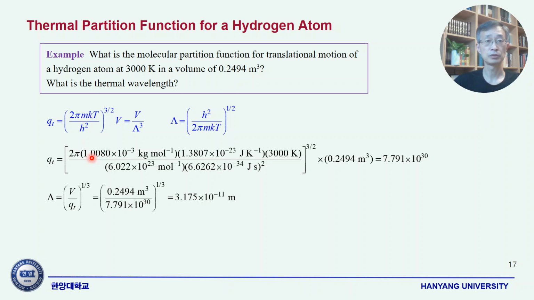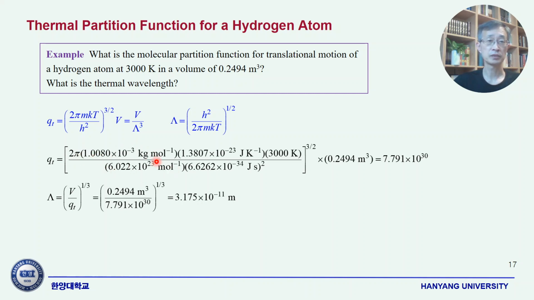Yes, so we use 1.008 times 10 to the minus 3 kilogram per mole, and then we are going to use the Boltzmann constant, and this is the molar quantity, so we divide by Avogadro's number per mole. So this is what we get for this and this together.